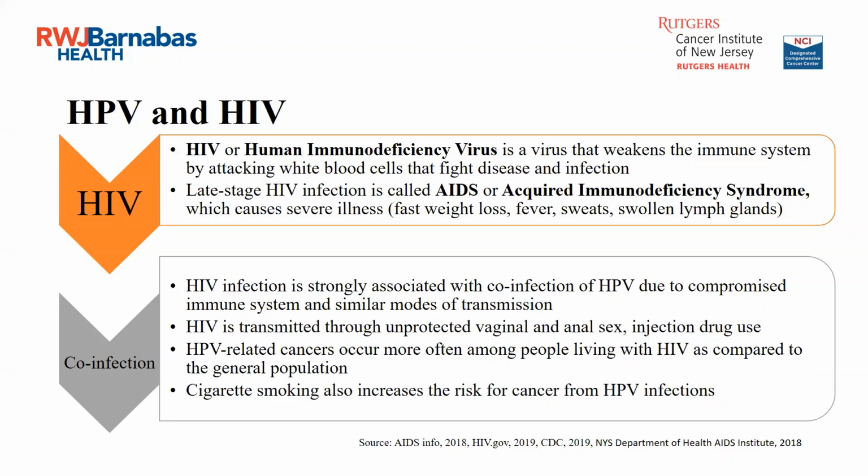As I mentioned before, HPV is passed through intimate skin-to-skin contact during vaginal, anal, and oral sex, and HIV is passed through unprotected vaginal and anal sex, as well as injection drug use. HPV-associated cancers are more common among this group because when you have a compromised immune system, it tends to make it easier for HPV infection to progress to cancer.